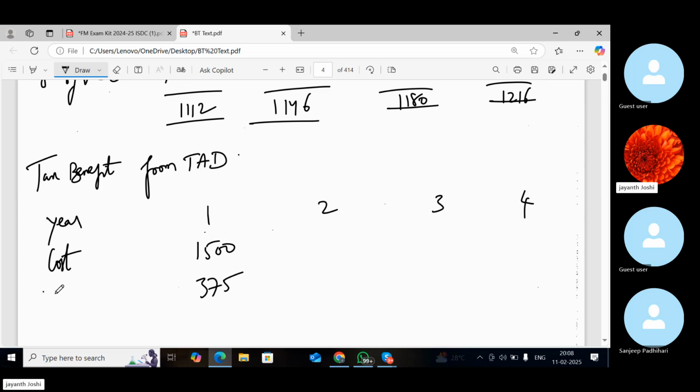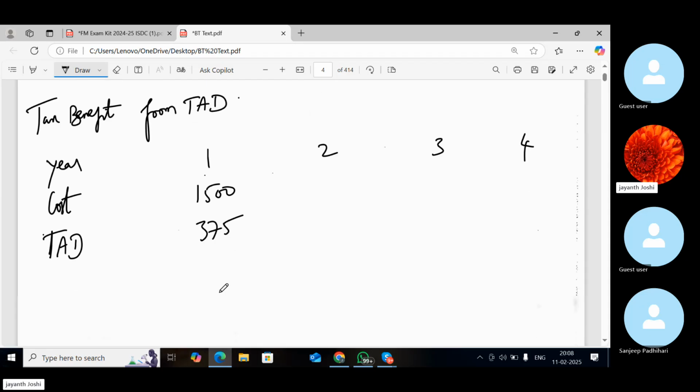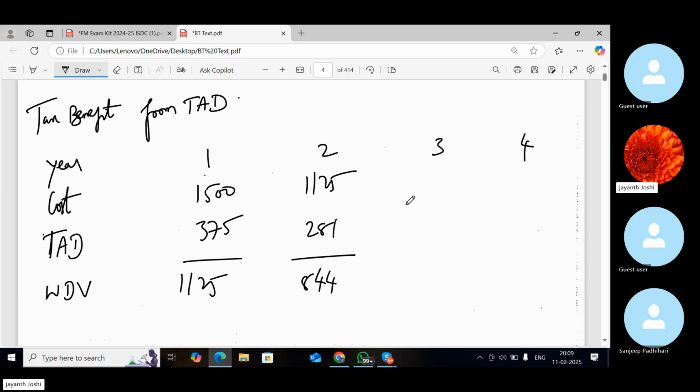We'll write down here the tax allowable depreciation and the written down value at the end of the year: 1125. It goes here again, 281 at 25%, again you get 844. Again 211 is the depreciation at 25%, and again 633 goes there.